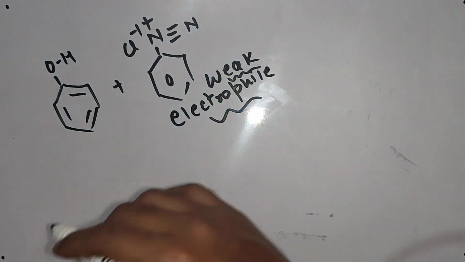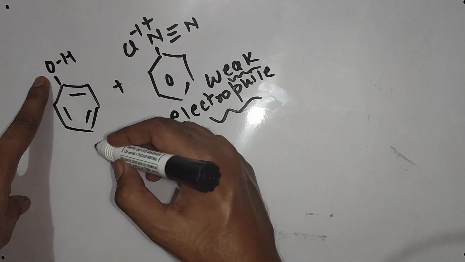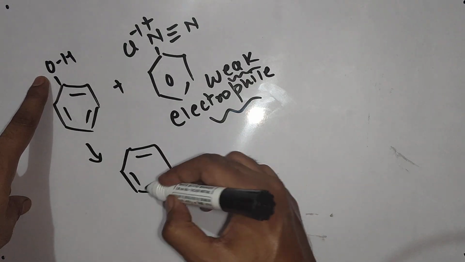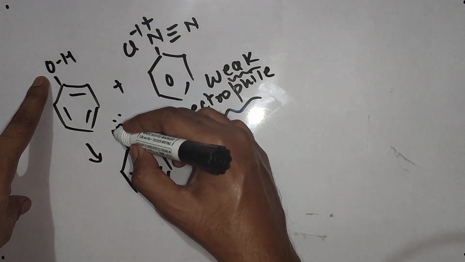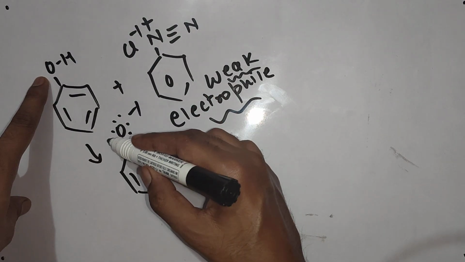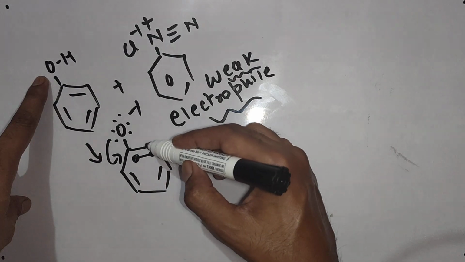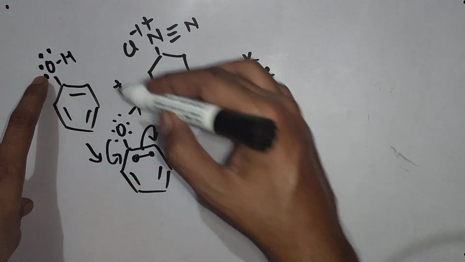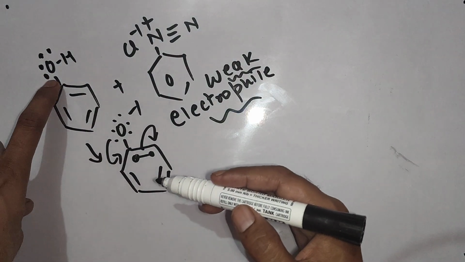So what we are doing is converting this phenol into phenoxide ion, due to which what will happen? This oxygen of a phenoxide ion will show resonance better than phenolic oxygen. This is phenolic oxygen, and it will also show resonance.